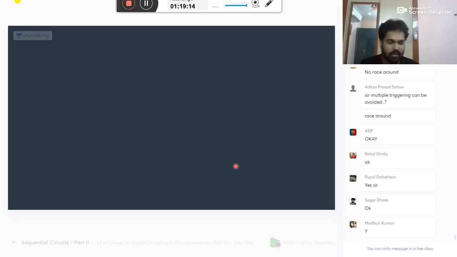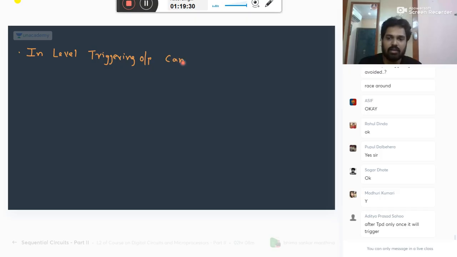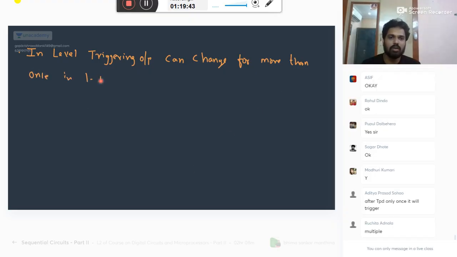So now you can say in level triggering, output can change more than once in one clock. Output can change more than once in one clock.